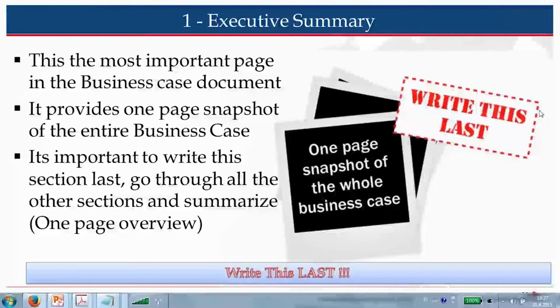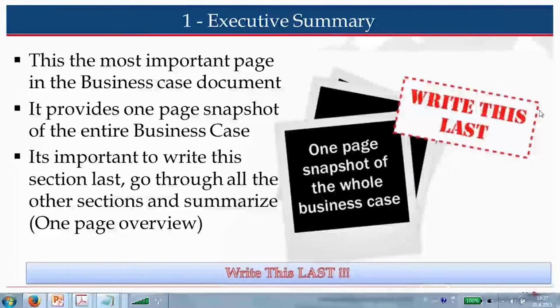This is one of the keys, and why we say write this last is that by the time you develop all the other sections, you yourself have a very good understanding of the business case and all the thoughts and ideas, so you are able to provide a very good one-page snapshot here.